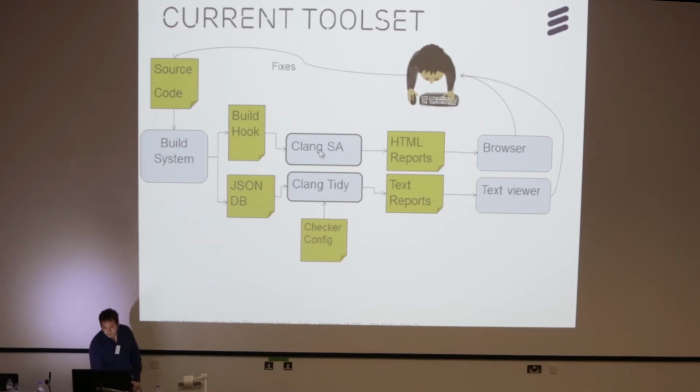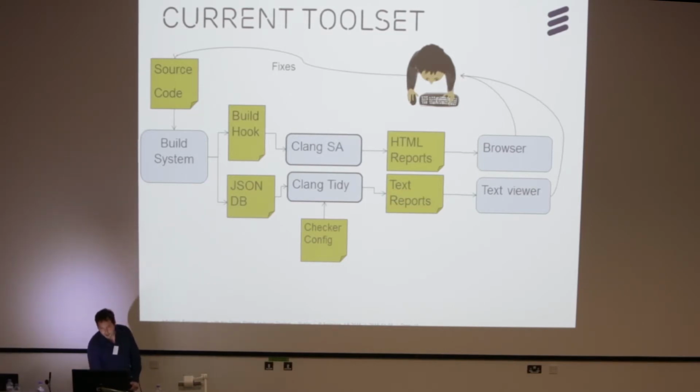When we first started to work with the tools, the problem was that the source code is here, the build system is here, and then you need to pass the compilation actions to the analyzers, because the analyzers need the defines and include paths, the same as a compiler, to properly reason about the code.